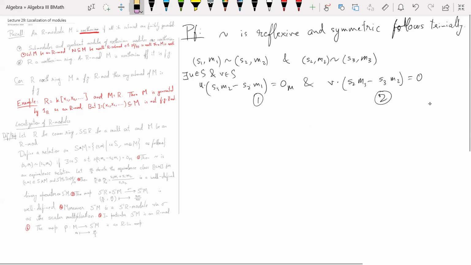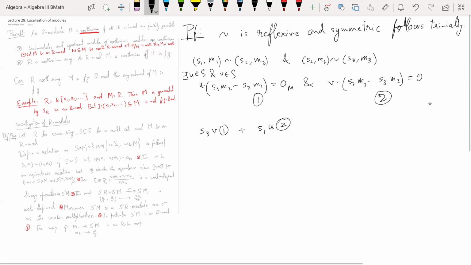So S3V times the first term and S1U times the second term. That way the coefficients of M2 will become equal. So S3V times the first one, then M2 will get cancelled out, plus S1U times the second one.